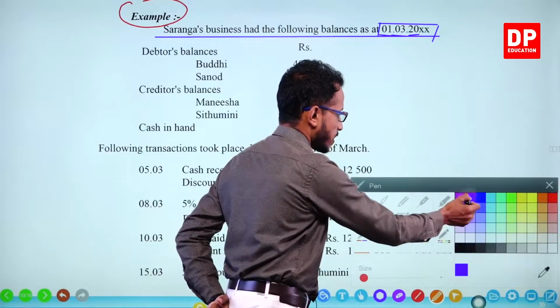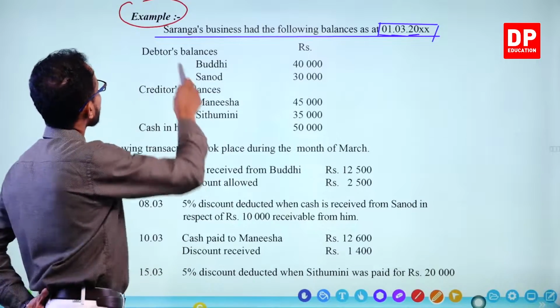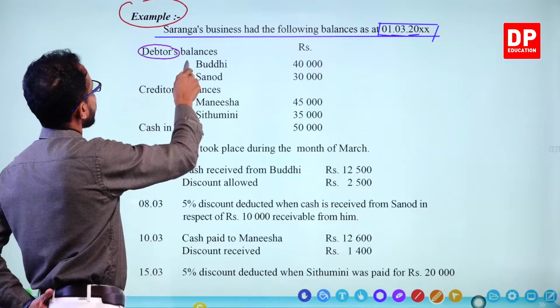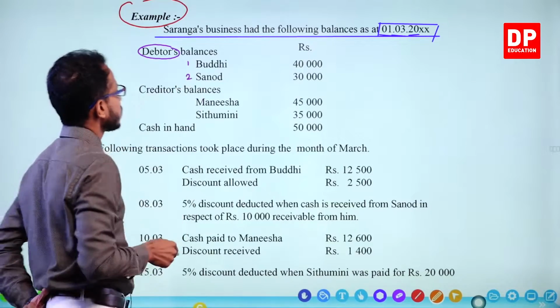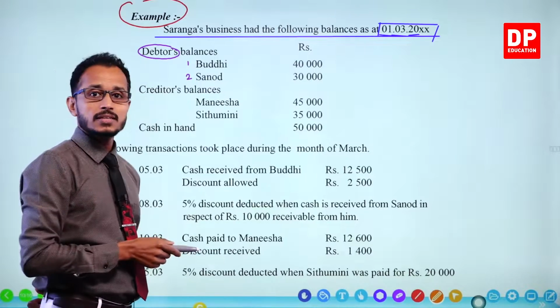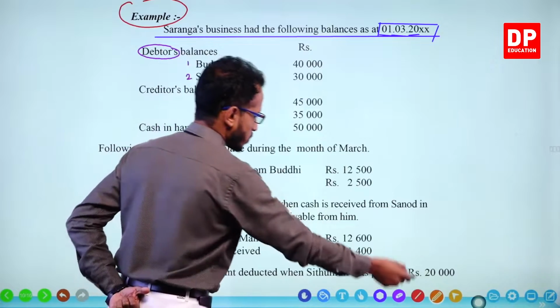Let's see the balances. We have a couple of debtors, children. We have Buddhi and Sanod. Buddhi has a balance of 40,000.